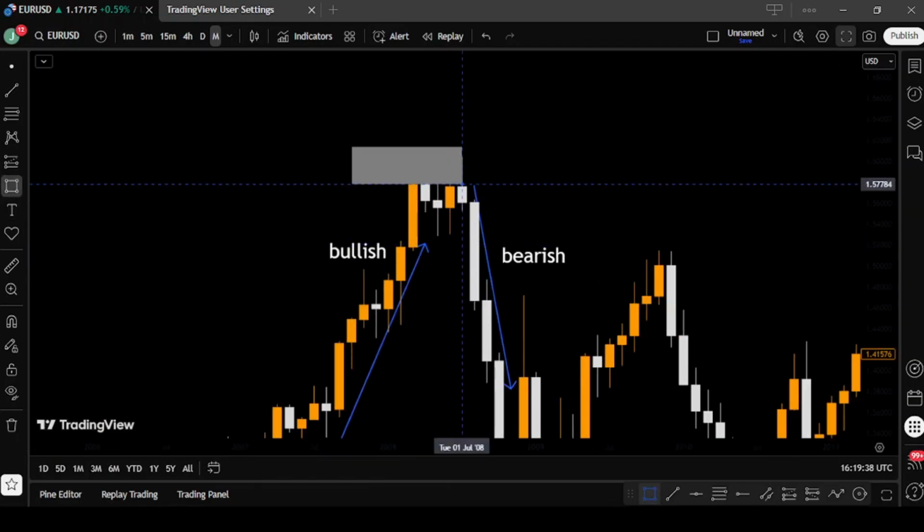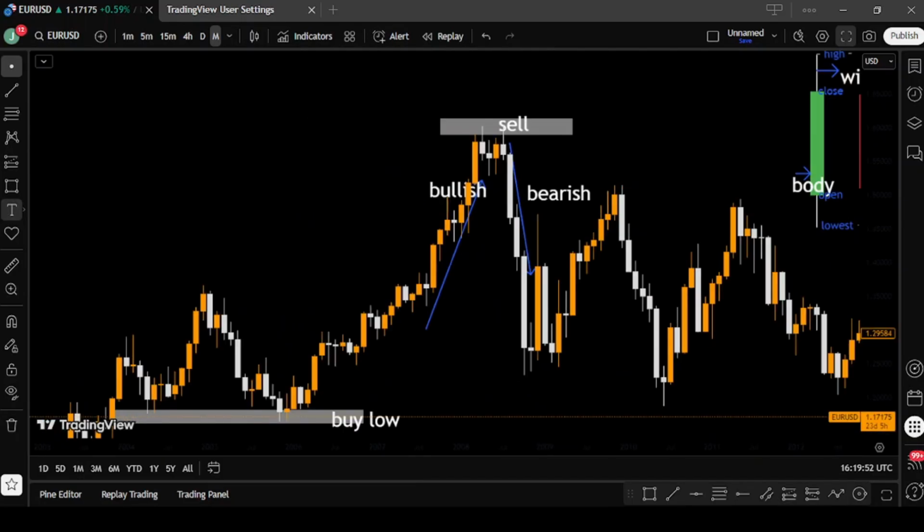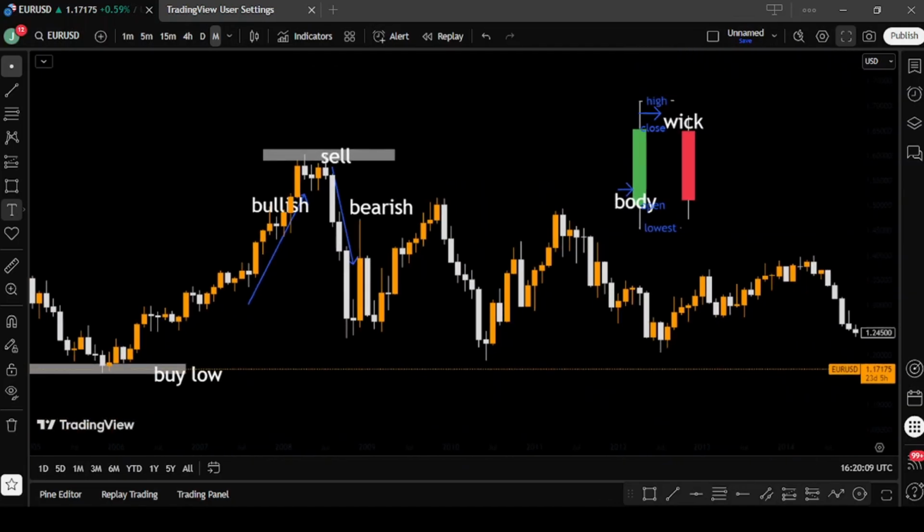We want to sell at high. Sell, S-E-L-L. This is just so simple, right? The collection of many bullish candles and the collection of many bearish candles is what makes up the direction of the market.